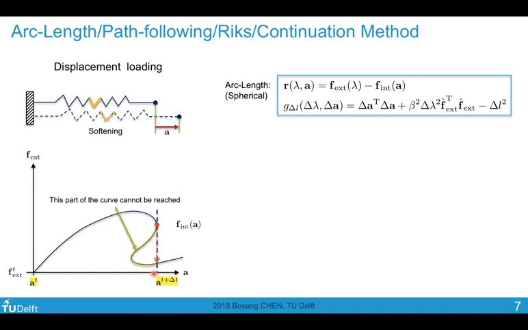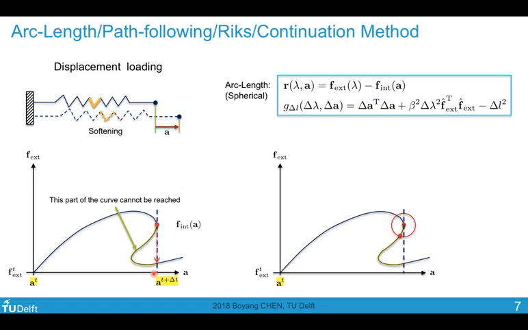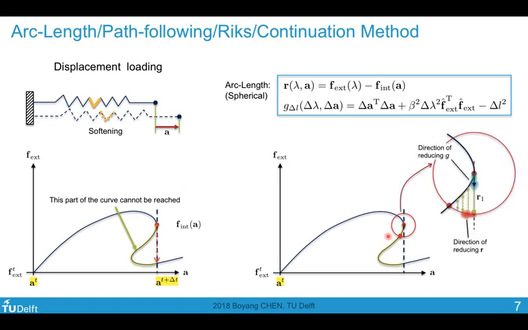This difficulty can be overcome by the ArcLength method because we can always find the intersection between a closed circle and whatever curve you have. So unlike in the case where the straight line doesn't intersect with this part of the curve which is snapping back, a closed circle always intersects with it. So this point is well defined, and we have our augmented tangent stiffness. Through iteration, we can always find our way there.